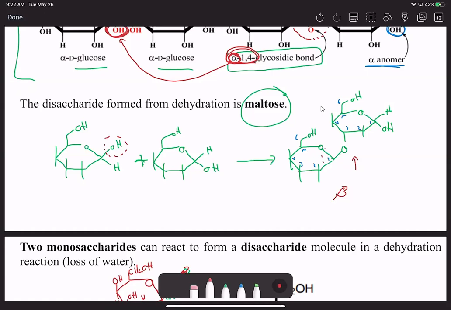I'm looking at this particular bond, this oxygen bridge here, and that oxygen's pointing upward. And it's bonded between carbons number 1 and number 3. So this is a beta 1,3, and then the term we memorize, glycosidic bond.